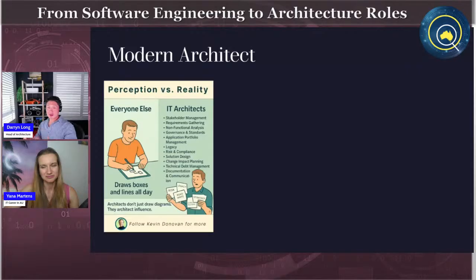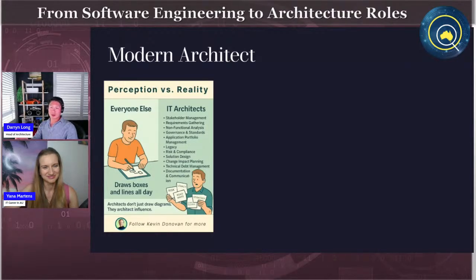I think so. This is something that I saw on LinkedIn actually, and I follow this architect called Kevin Donovan, and he posts these little cartoons around architecture, and I thought this was really good, because if you talk to people that don't do architecture and ask what they think architecture is, it's drawing boxes and lines, right? That's it, and that's a little part of what we do as an architect.